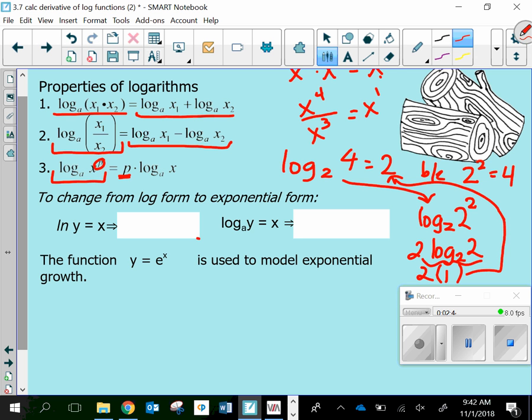Okay, now this is so important because it makes sense of something that you hopefully can do. All right, natural log of y equals x transforms to y equals e to the x. Remember, the assumed base on a natural logarithm is e. You are welcome to write it. I will not write it, because it distracts me from what it really is.